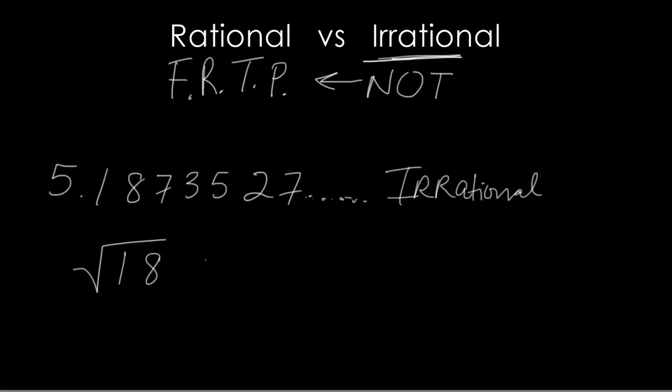Let's write down our perfect squares. Remember, 2 squared is 4, 3 squared is 9, 4 squared is 16, 5 squared is 25. Oh, guess what? 18 would be somewhere in this realm, right? And so it's not a perfect square. So remember, if it's not one of these, then we are irrational.